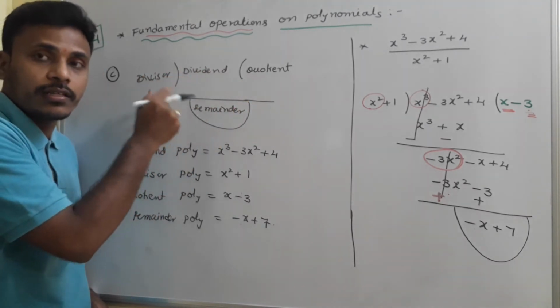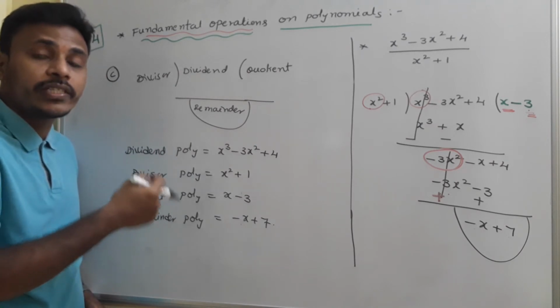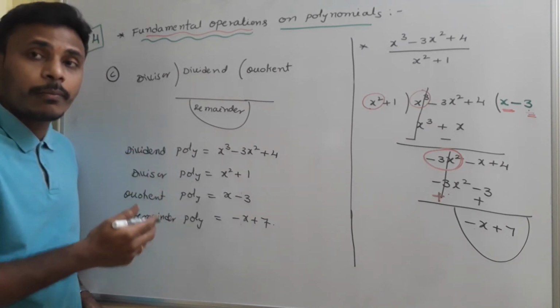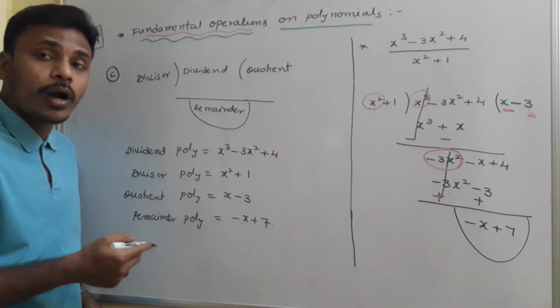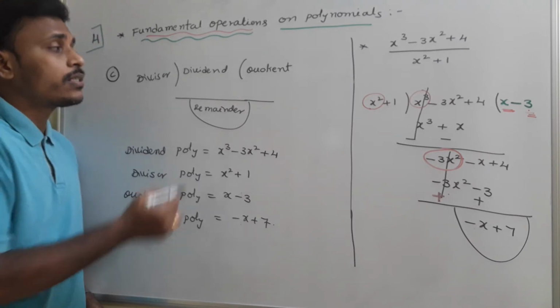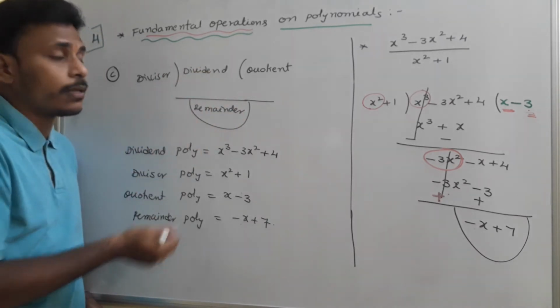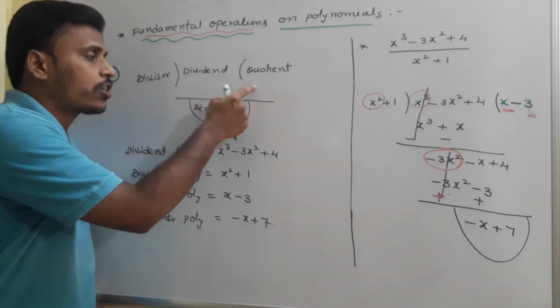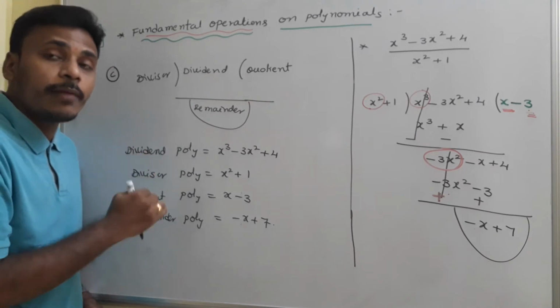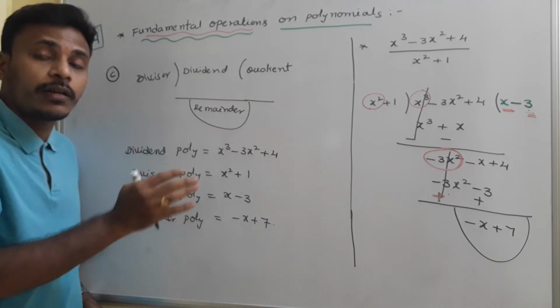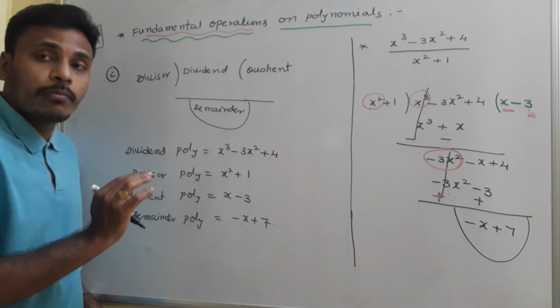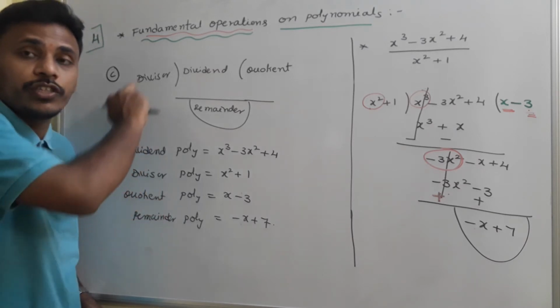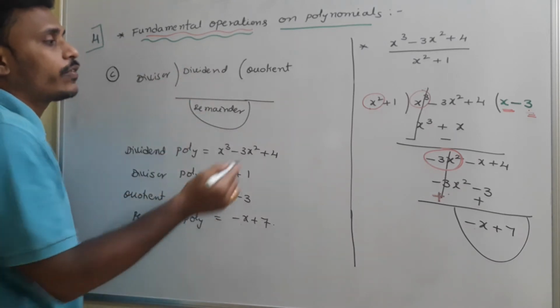If you have all these things, then we have a division algorithm of numbers. In numbers we have what? Division algorithm. What is the division algorithm of numbers? In numbers itself, division algorithm is simply dividend is equals to divisor into quotient plus remainder. The same thing we can extend it for polynomials also. From numbers we are very clear with this division and these names and the division algorithm.